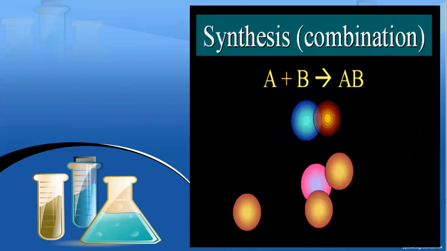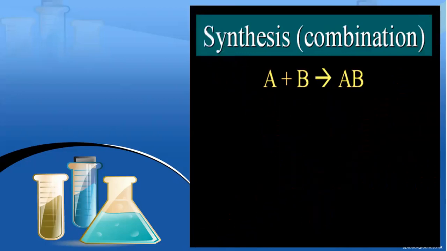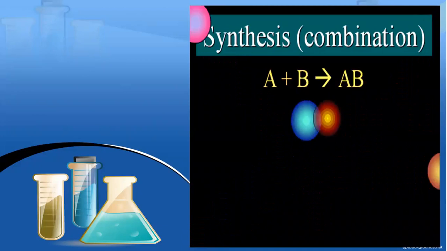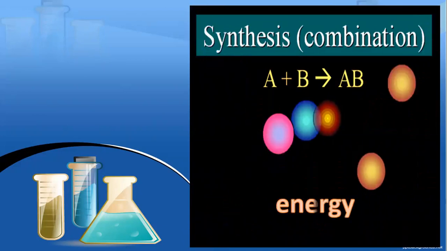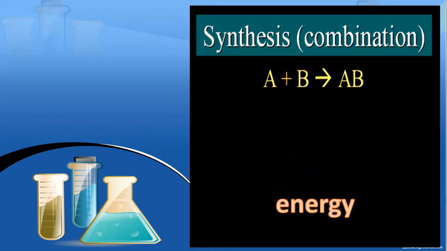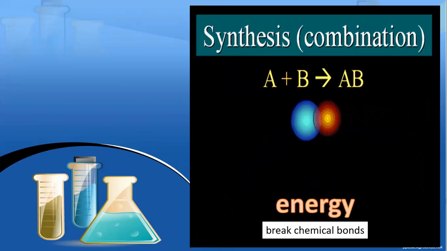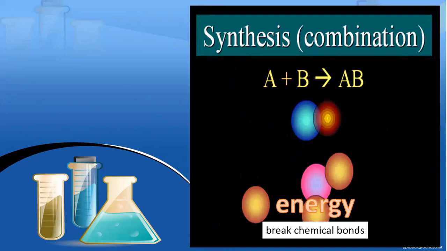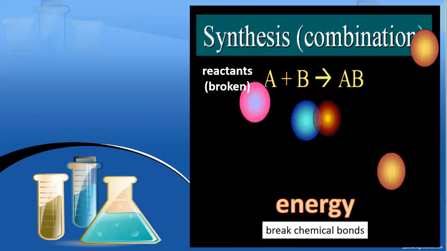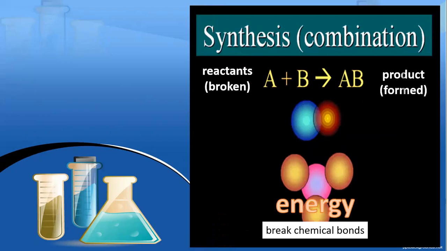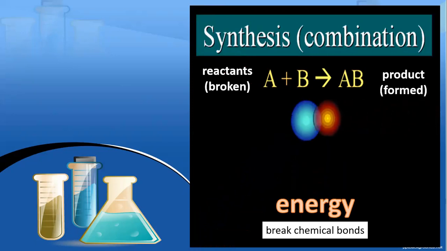In order for a collision to be successful, resulting in a chemical reaction, substance A and B must collide with sufficient energy to break chemical bonds. This is because in any chemical reaction, chemical bonds in reactants are broken and new bonds in products are formed.